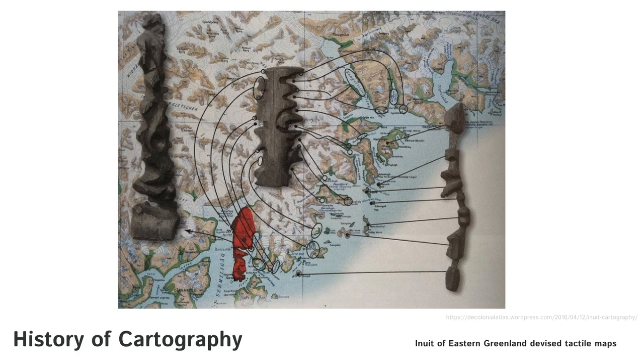So even though the tactile components of the Inuit of Eastern Greenland might be generalized to our eyes, it's still representing the same space in a valid, performative way. It actually worked to represent the space in that way. So it's a very valid type of map making because it is actually able to do what it was supposed to do, which was represent space.